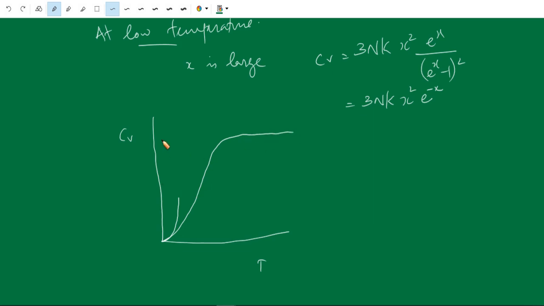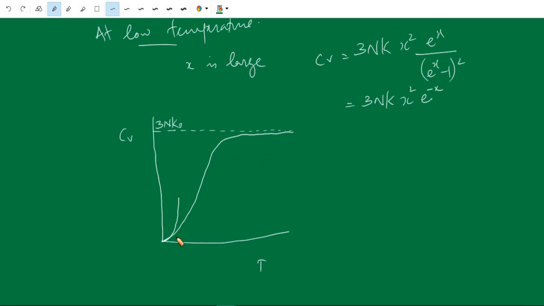Okay. At high temperature, when temperature is very high, it tends to approach the maximum value, that is, this value is 3nkB. Okay. And this is the Debye model.